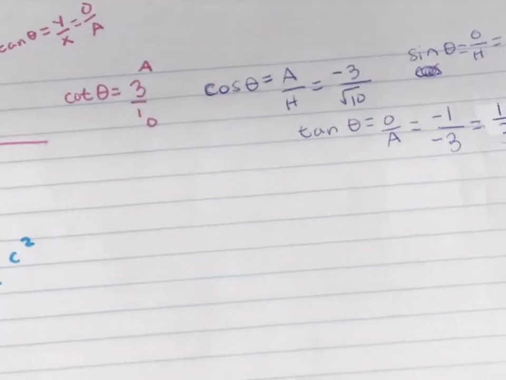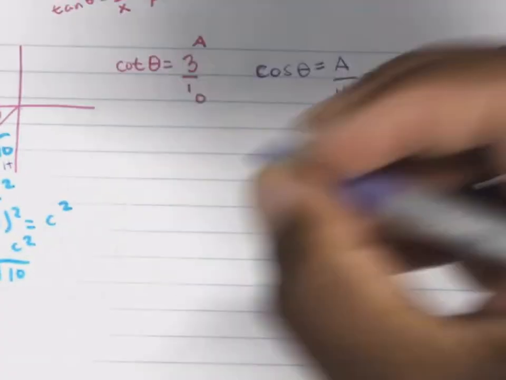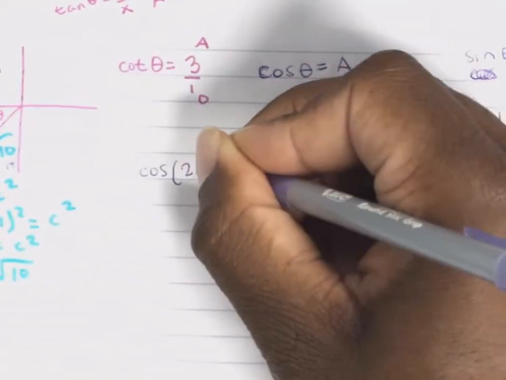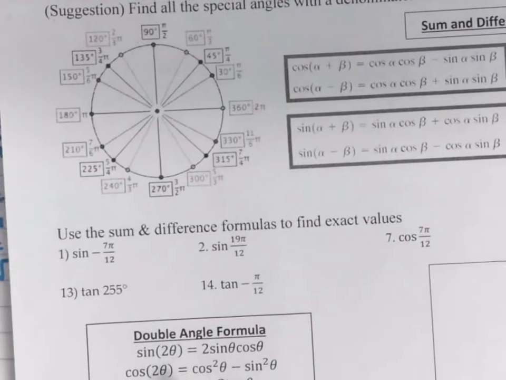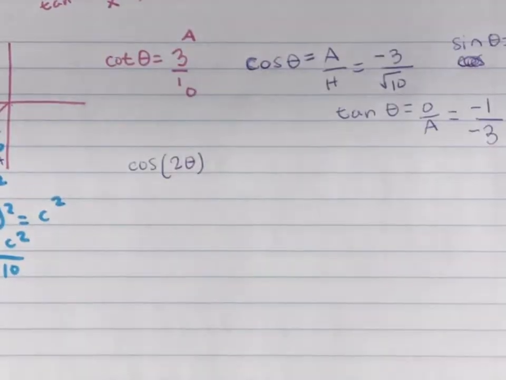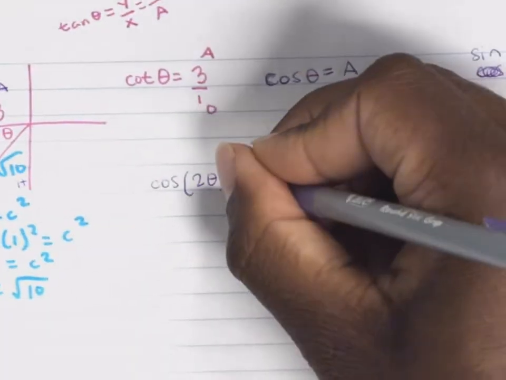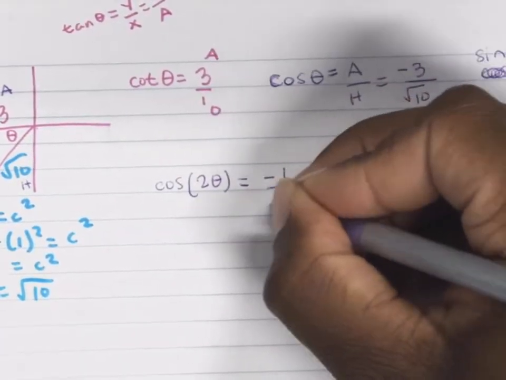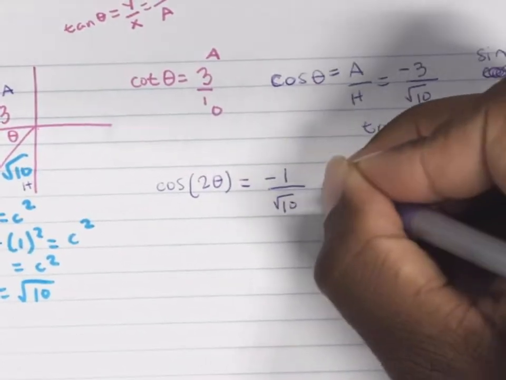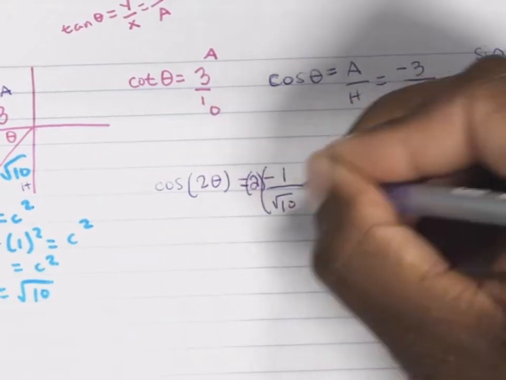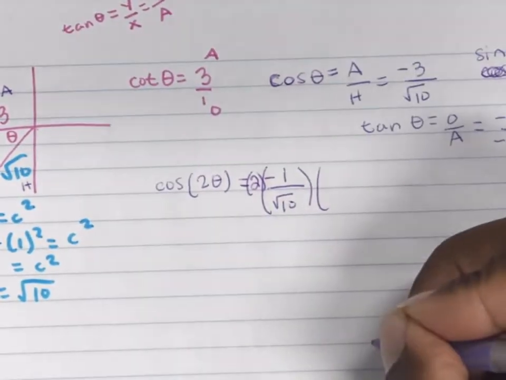All right, so let's do the double angle for cosine to start off. So following this formula here, 2 times sine times cosine. So sine was -1 over root 10, and I need this times 2, times cosine.